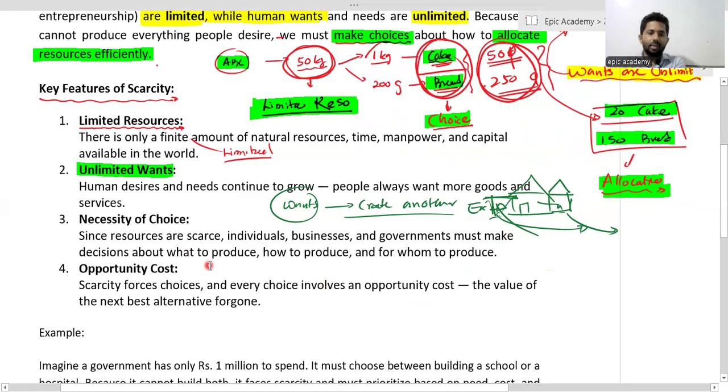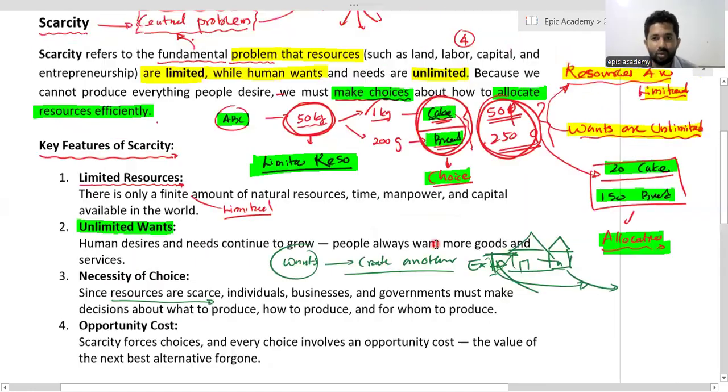Necessity of choice. Yes. Without choice, you cannot utilize resources, because resources are scarce. That's the problem. Resources are limited. Individuals, businesses, and governments must make choices, decisions about what to produce, how to produce, and to whom to produce. Let's go to the example.